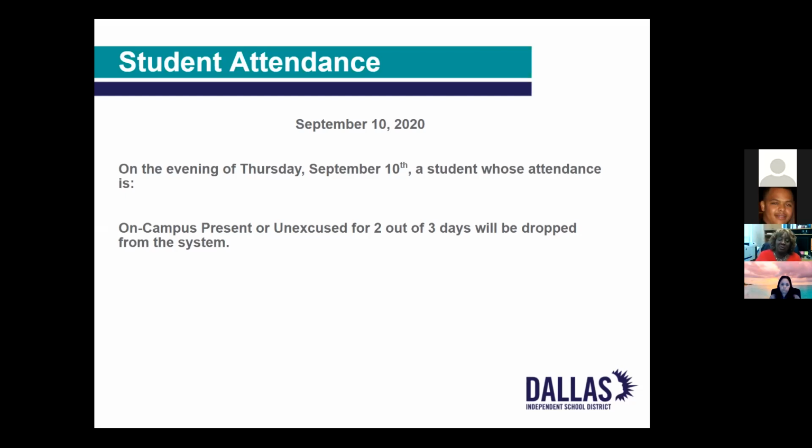So if you just go in there on day 1 and hit submit present and it's on campus, and you do that every day for the first 3 days, those kids are going to fall off our roll and our enrollment is going to drop, and some people will be going somewhere else to work this school year. So please do not do that. Make sure you're taking correct attendance and that you're marking RAE.